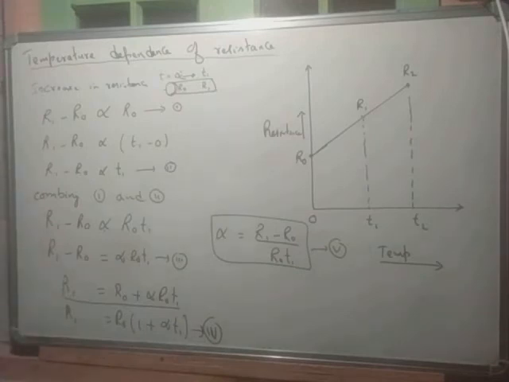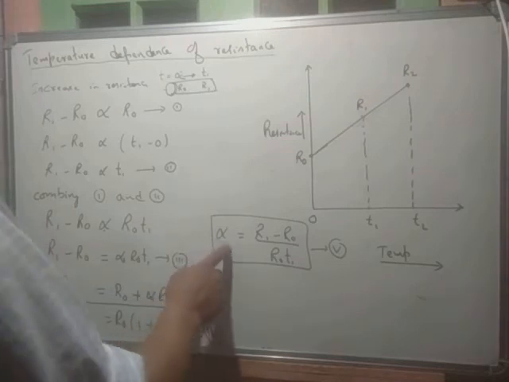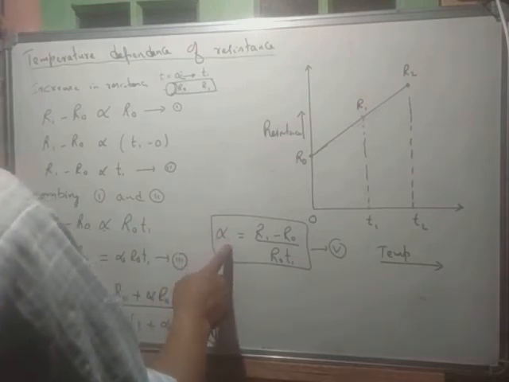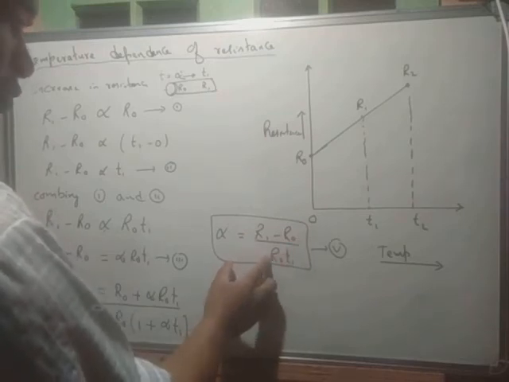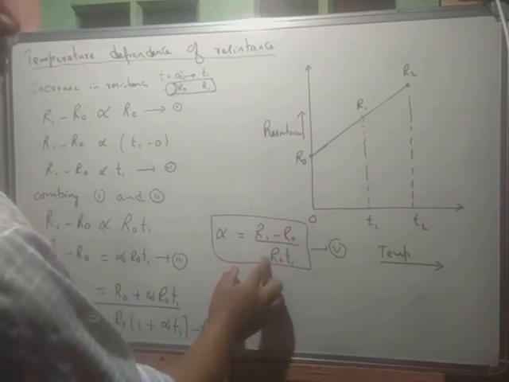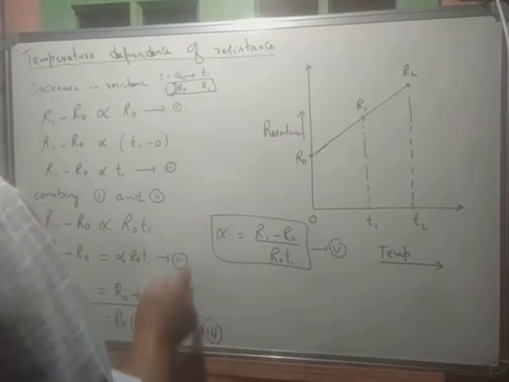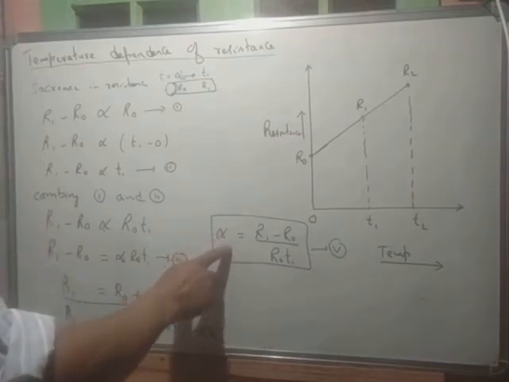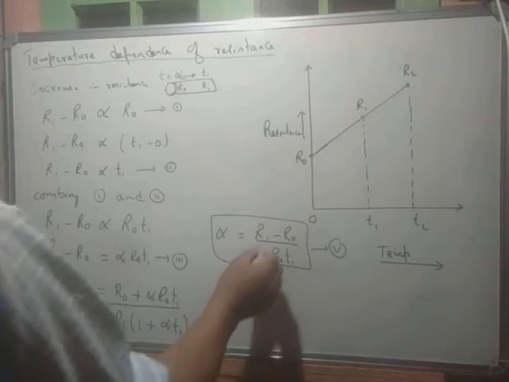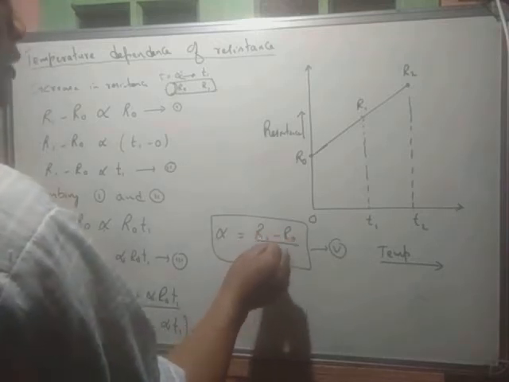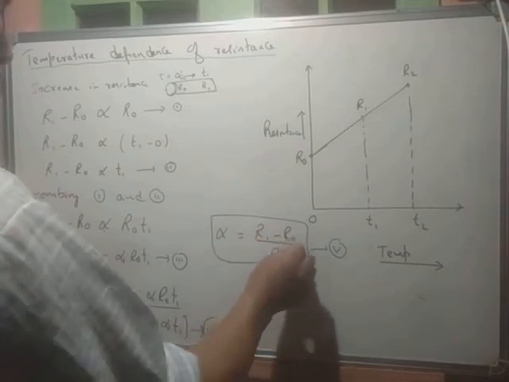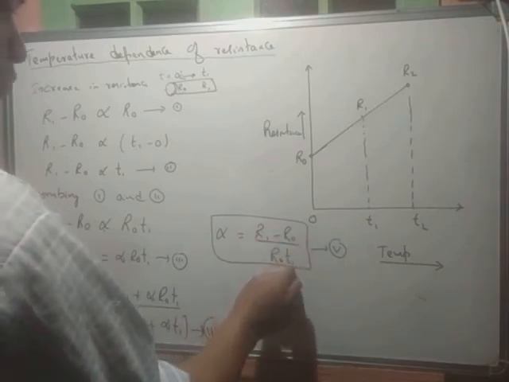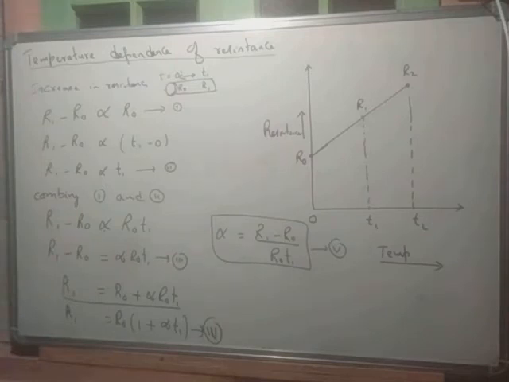Alright, from this equation 5 we can define the temperature coefficient of resistance. This is the increase in resistance, this is the original resistance, and this is the rise in temperature. So the temperature coefficient of resistance is defined as the increase in resistance per original resistance per degree rise in temperature.